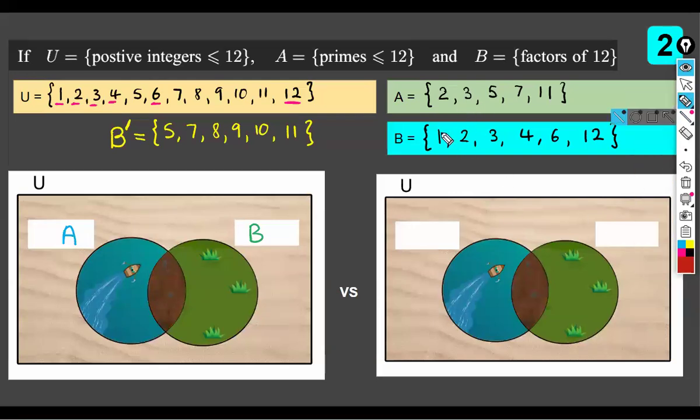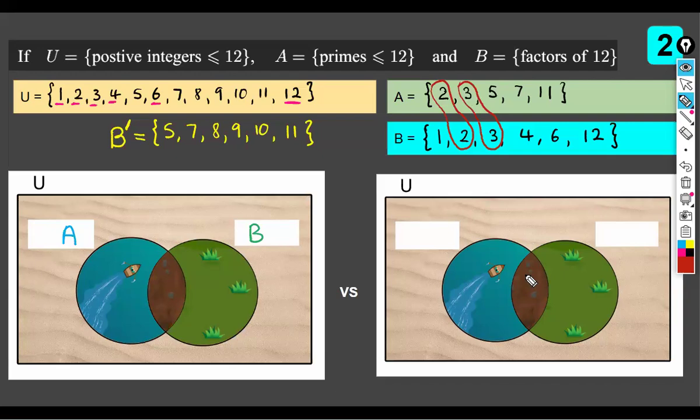That's real easy to figure out, especially if you have the answer for A on top and the answer for B underneath. Both of them have a 2. That's common. And both of them have a 3. So they both seem to have a 2 and a 3 in common. The common region is the mud region because A is like the water, B is like the grass, the land.